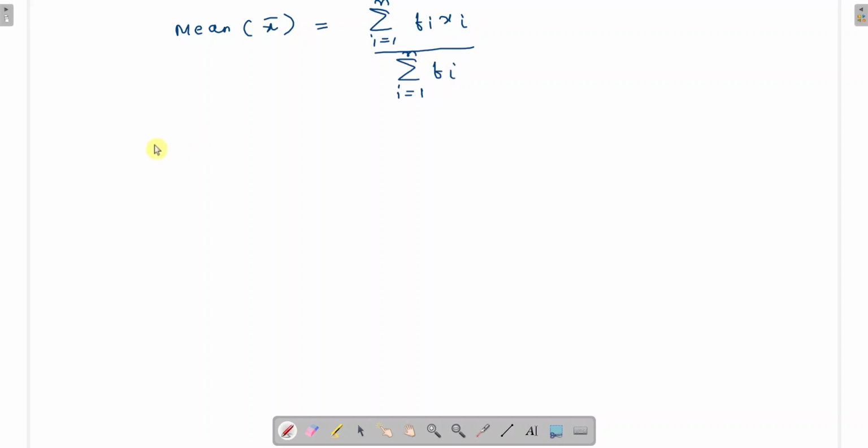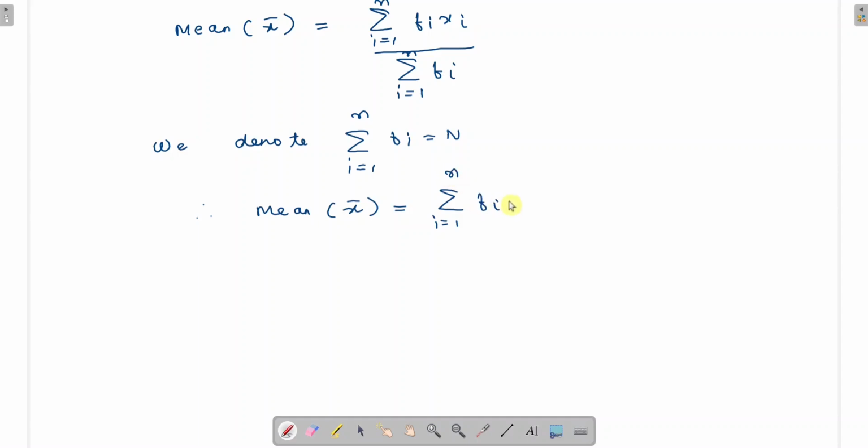We denote this summation fi as capital N. Therefore the mean x bar will be equal to summation i going from 1 to n fi xi divided by capital N.